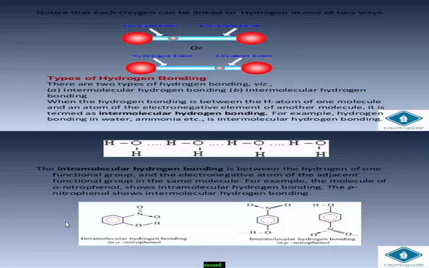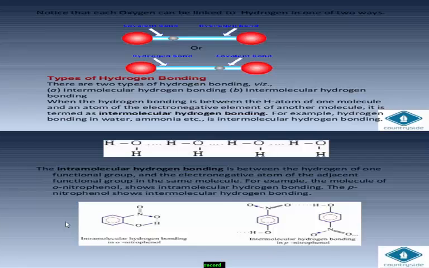If you take an example, hydrogen fluoride molecules, not an atom, hydrogen fluoride molecules, HF, HF, HF. If you write the molecules in a linear structure, when you observe the first one and second one, the hydrogen atom present in the first one and the electronegative atom of the second one bind with a bond that is called hydrogen bonding.